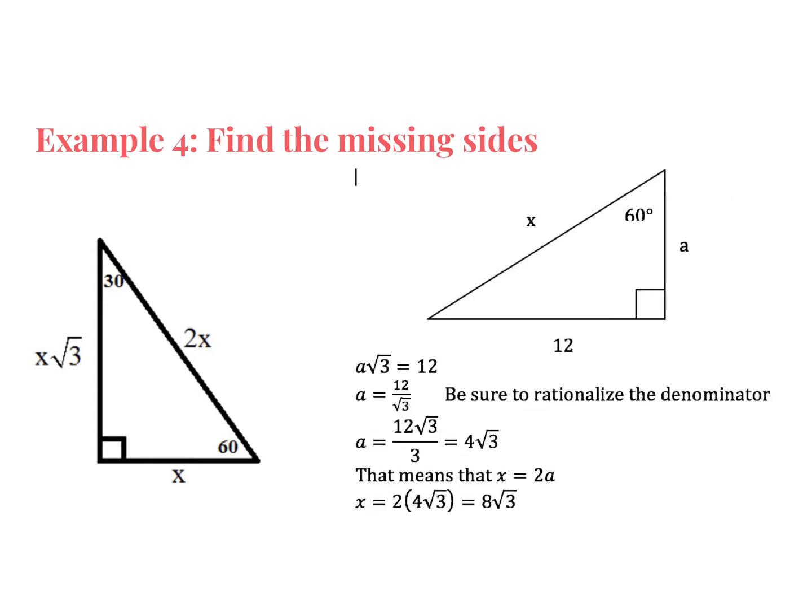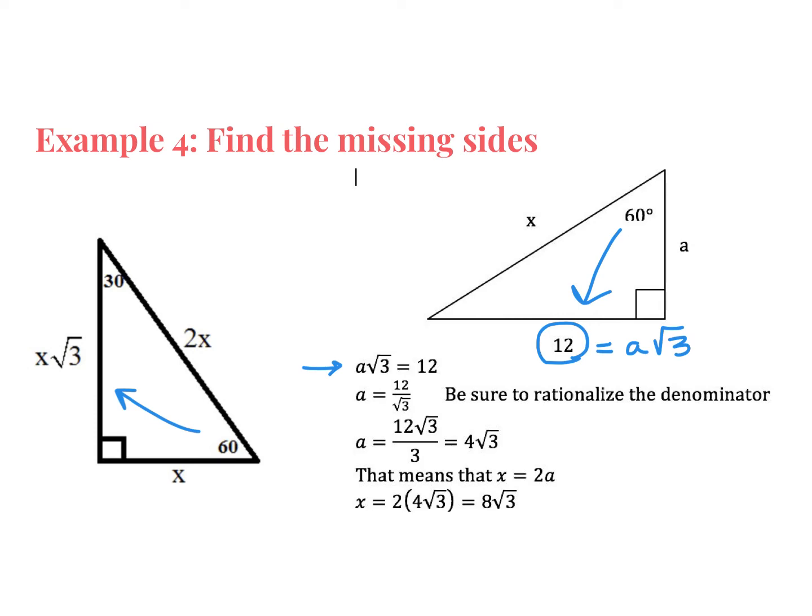Again, where we end up having a difficult time understanding is when the side across from the 60 degrees that should have a radical to it is a whole number. So for this example, the side across from 60 degrees is 12, when it should have that ratio of a root 3. So I set that up as an equation. a root 3 equals 12.